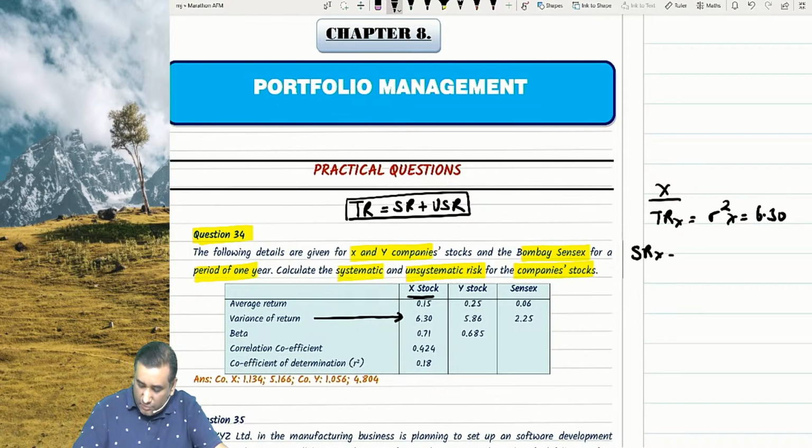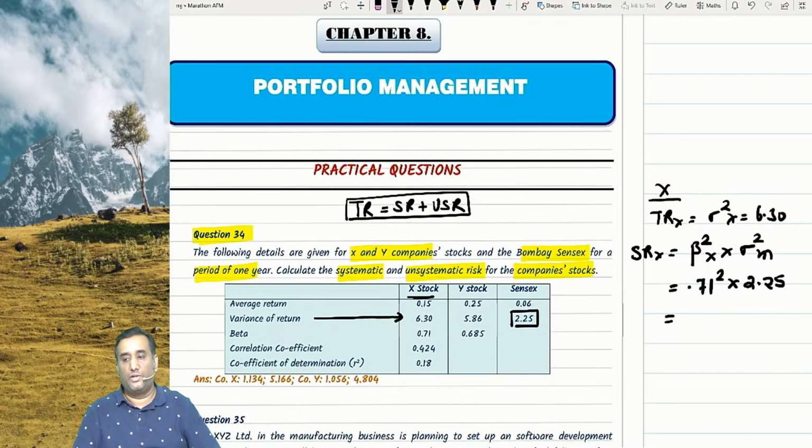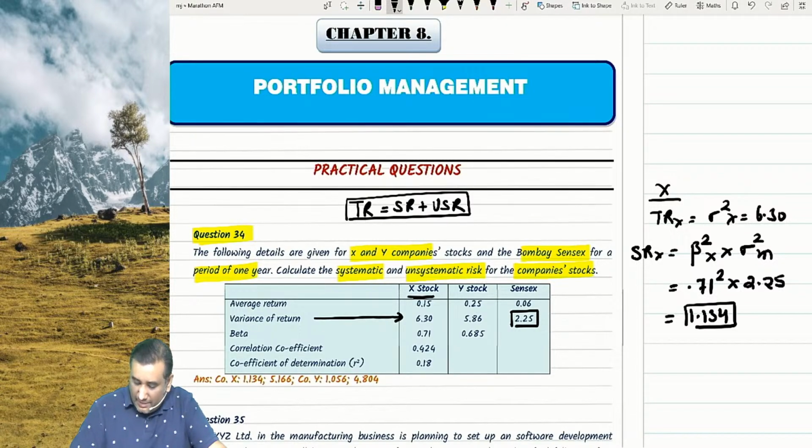Systematic risk of X would be equal to the relationship captured by beta of X into standard deviation square of market. Beta is 0.71 to the power 2. Market variance is already given in variance form, so do not square it again, please. 0.71 to the power 2 into 2.25. How much do we get? 1.1.